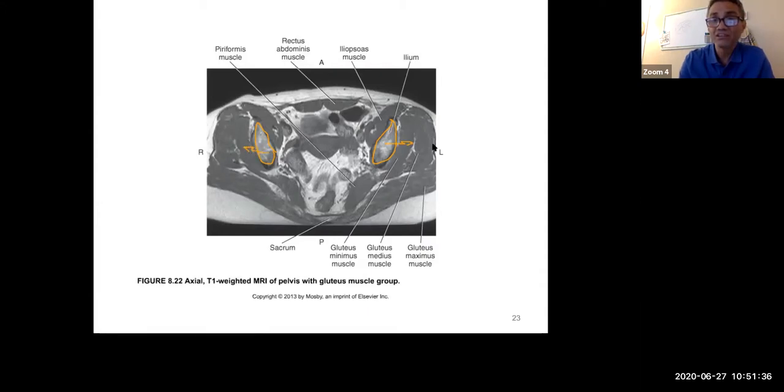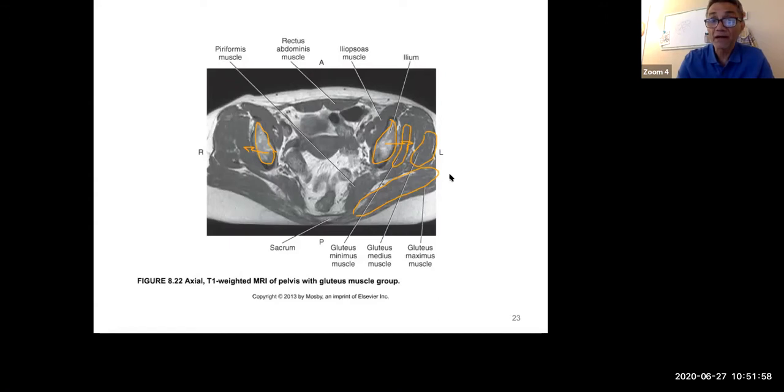The gluteals, you see? The largest one, the most superficial, is the gluteus maximus. If you go toward inside, you will see the next gluteal. And if you go further inside, you will see what? The next one.